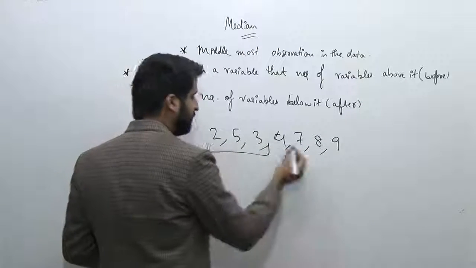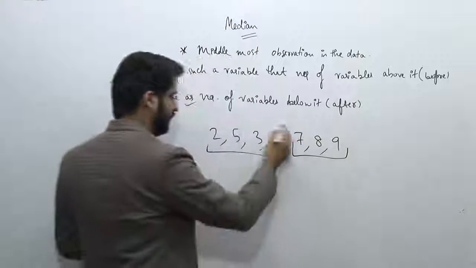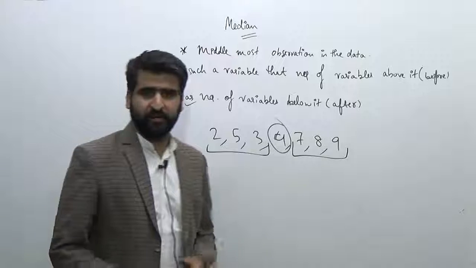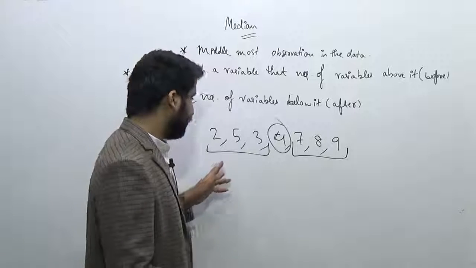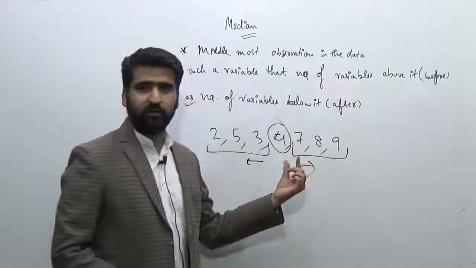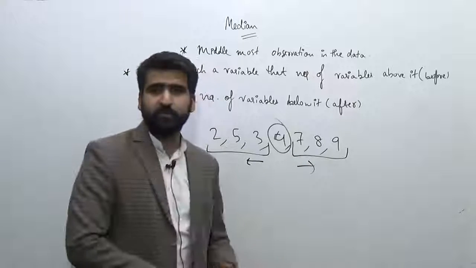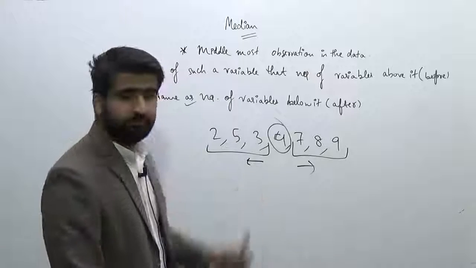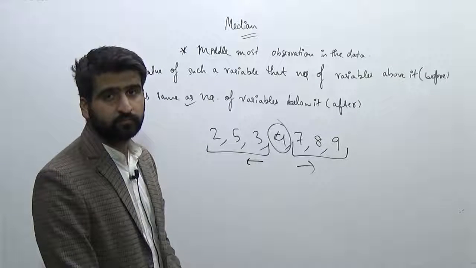So technically this should be your median, right? Or not? Tell me. 4 should be your median, right? Because I have 3 variables before and 3 variables afterwards. So this 4 must be the median. But guys, this is wrong. Why is this wrong?